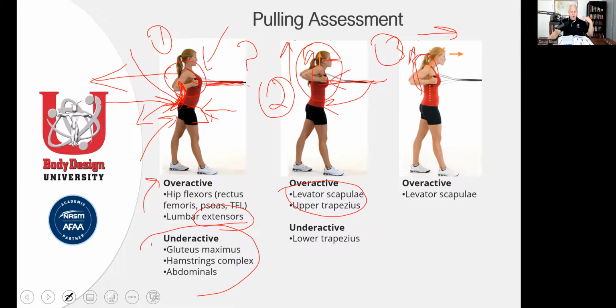The shoulder girdle is collapsed down, but you'll notice that in these two scenarios, you've got an elevation of the scapula, right? So the levator scapula is essentially, for the most part, sort of a primary elevator of the scapula, meaning shrugging up.